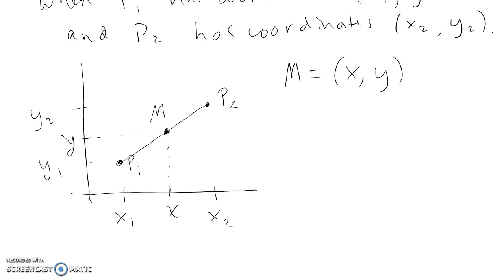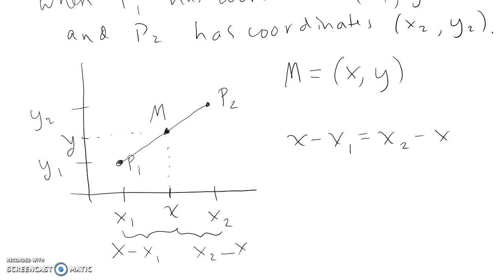Because it's midway between the 2 points, we know that the length here, which we can call x minus x1, and the length here, which we can call x2 minus x, are equal to each other, because it's midway in between the 2 x coordinates of the 2 points. So I'm going to set x minus x1 equal to x2 minus x.